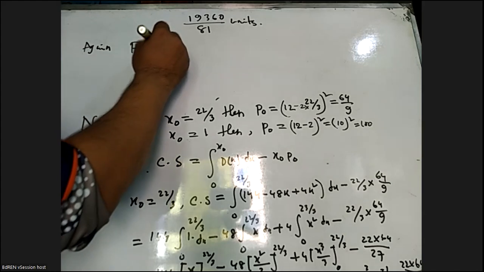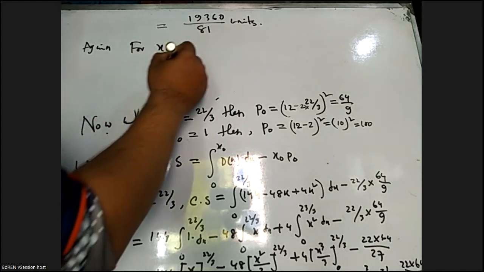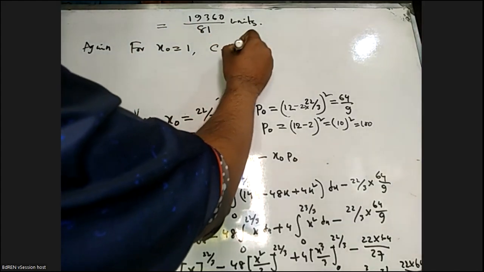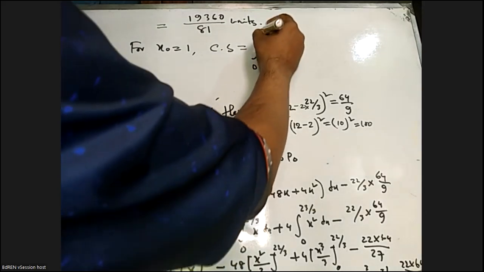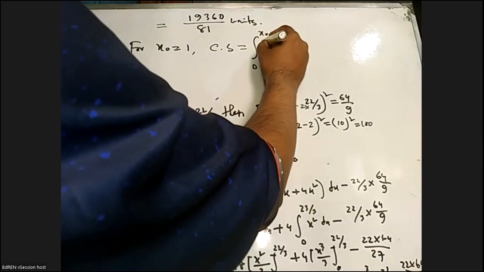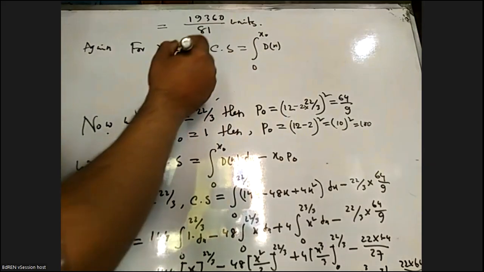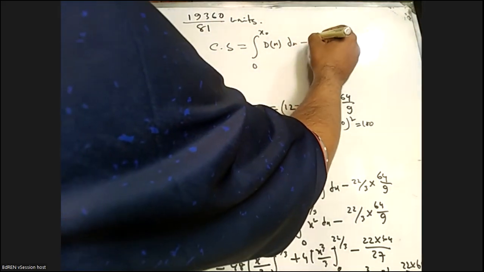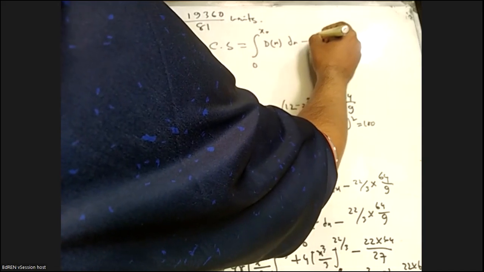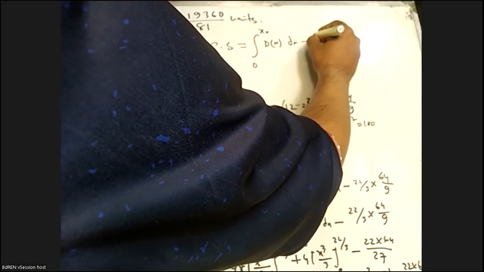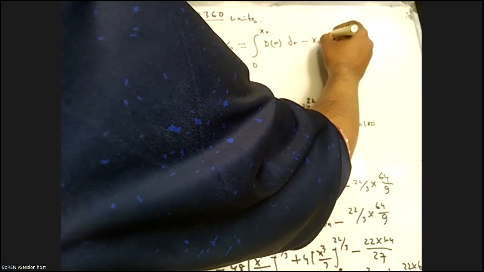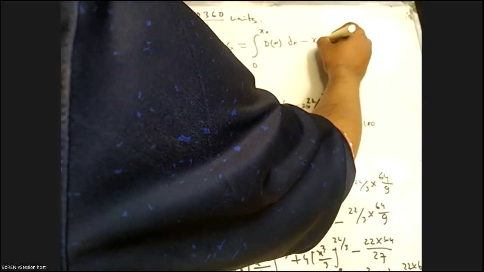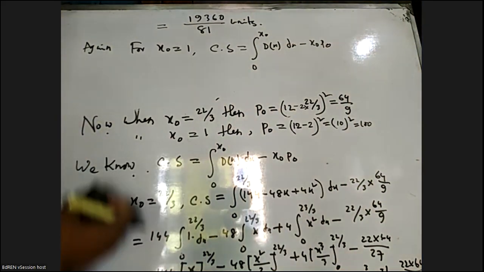Again, for x naught equals to 1, consumer surplus will be the area bounded by the demand function between 0 and 1 units, minus the area bounded by the rectangle with initial price and quantity, by the definition.